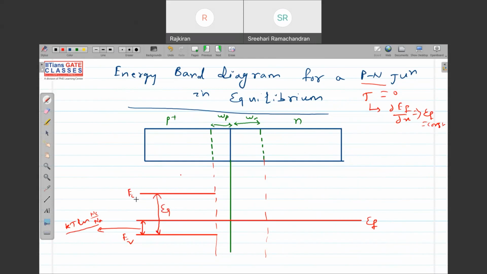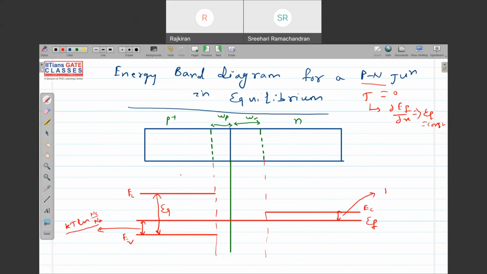Similarly, on the N side, the Fermi level should be close to the conduction band. So I will draw depending upon the doping. This is EC, and the distance is given by kT ln(NC by ND).